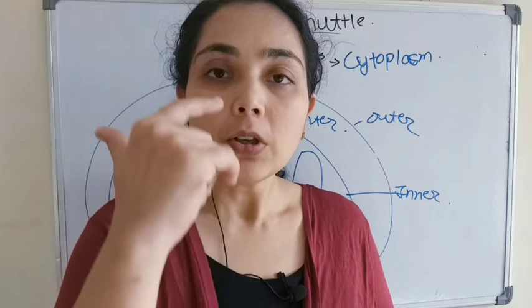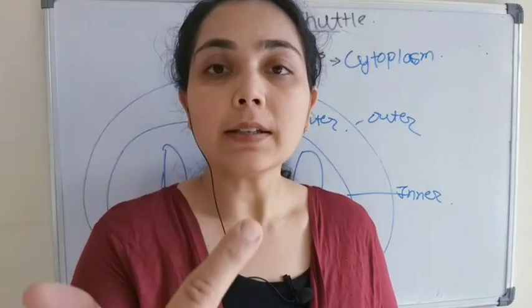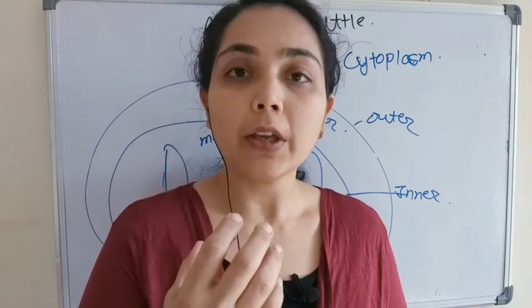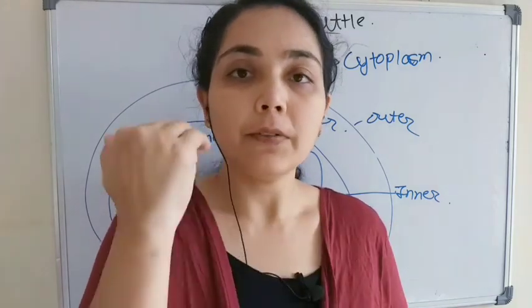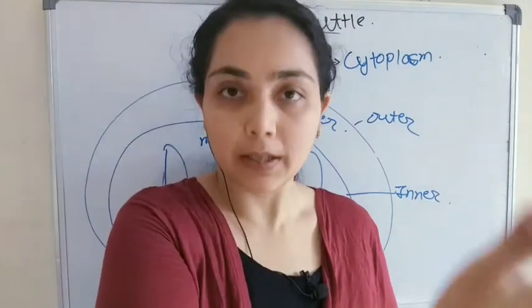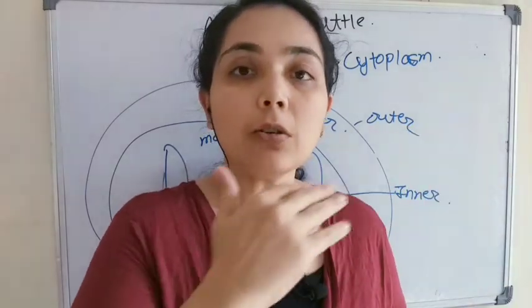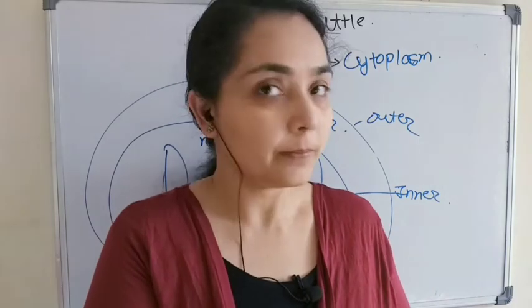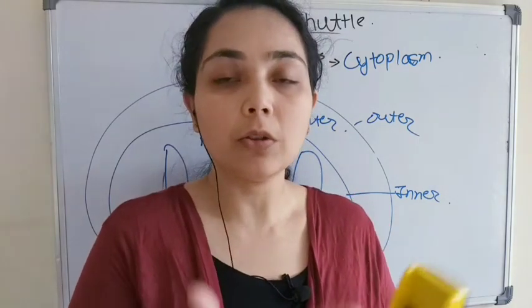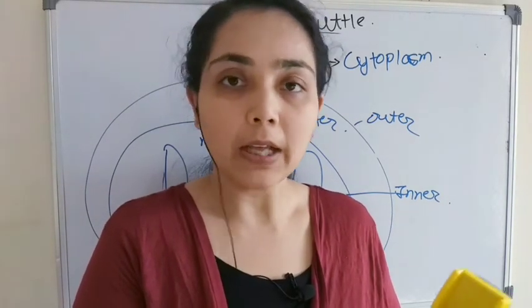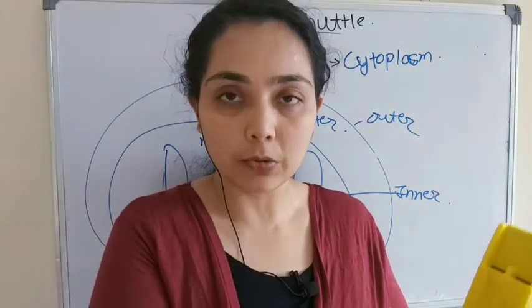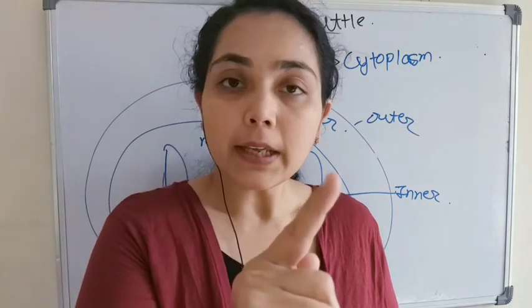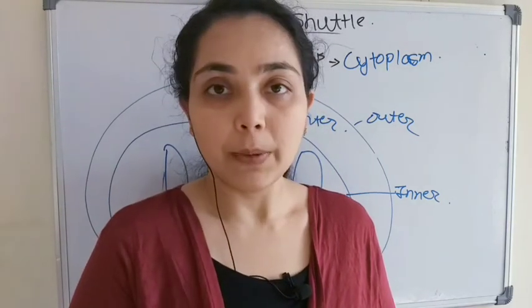So nature has created another system, like a courier system. If you want to gift something to your friend who is in another town, and you are not going there, you will send your gift through a courier, right? In the same way, NADH cannot cross the mitochondrial membrane.